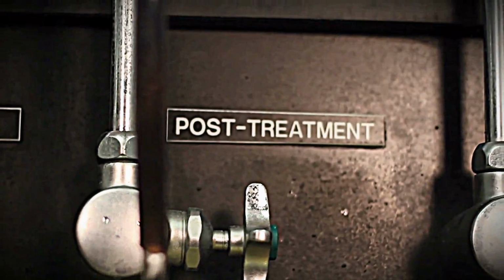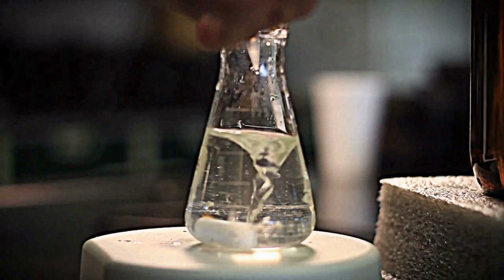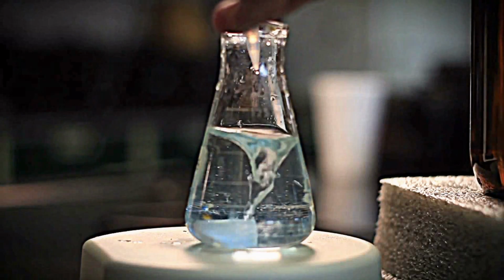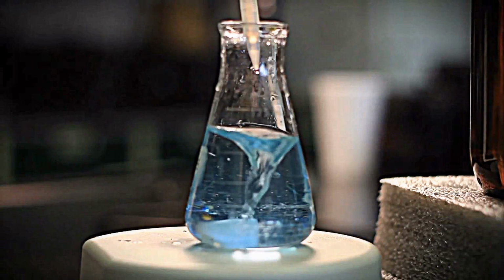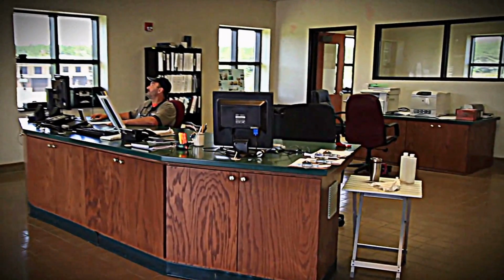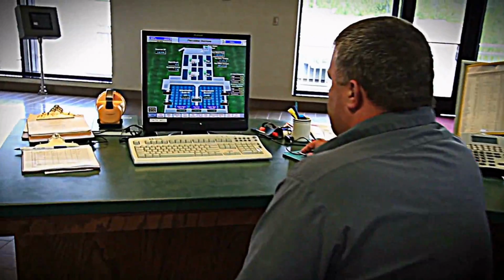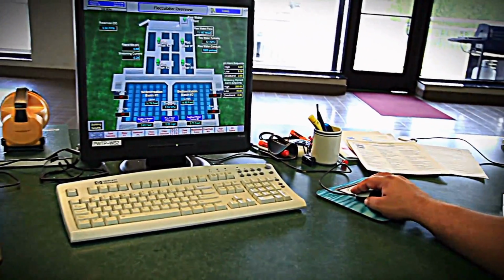Back in the lab at Purrysburg, there are technicians that take hourly samples of the water at all stages of the process to ensure the quality remains consistent. At the same time, a computer system monitors the water quality minute by minute, 24 hours per day, and alerts technicians of any unwanted changes in water quality.